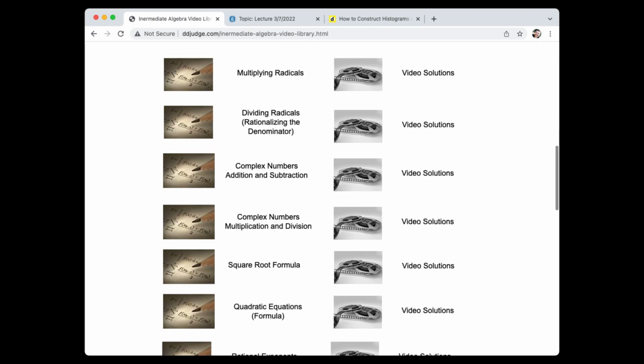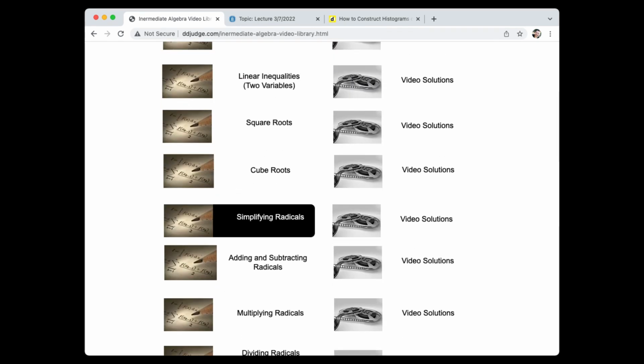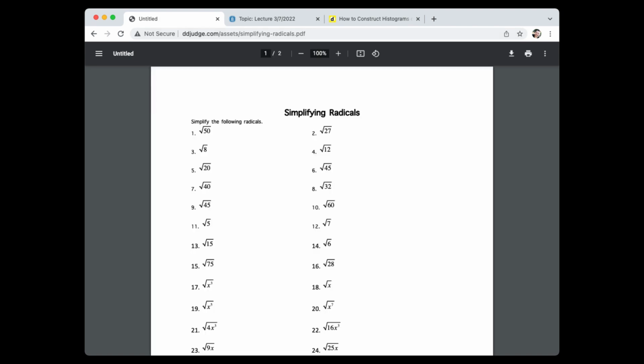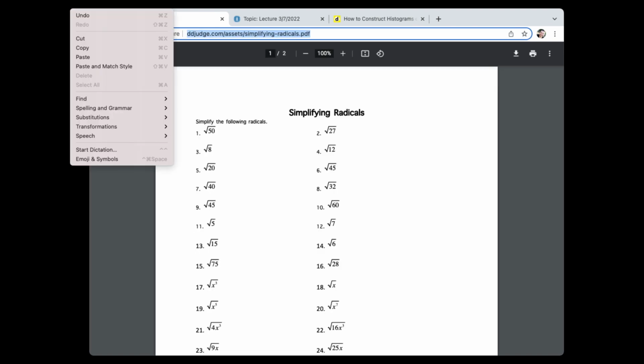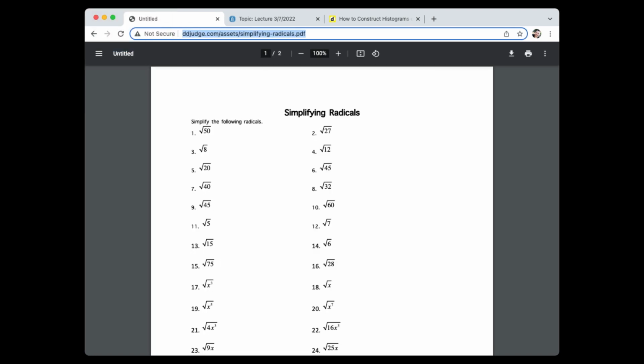This is called simplifying radicals. We're going to do more come tomorrow.